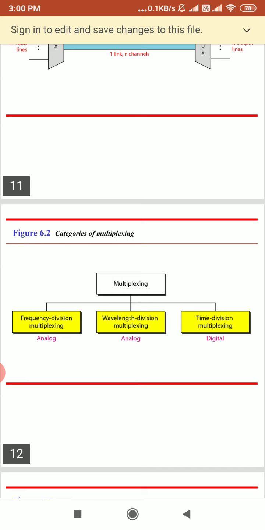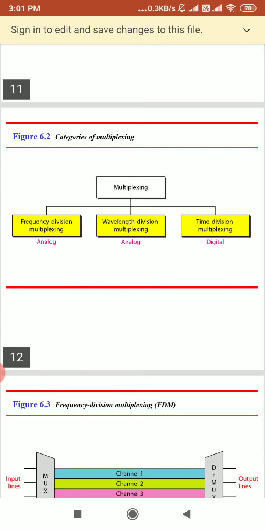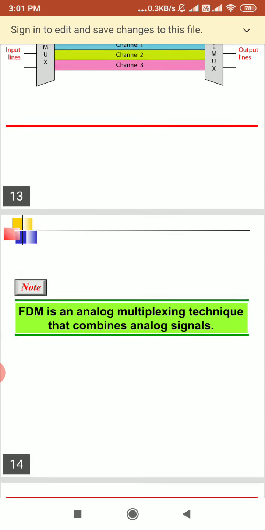There are different types of multiplexing, like analog and digital. In analog we can see frequency and wavelength division multiplexing, which we have already studied. Here we are supposed to see digital multiplexing, in which we will see synchronous and asynchronous time division multiplexing.